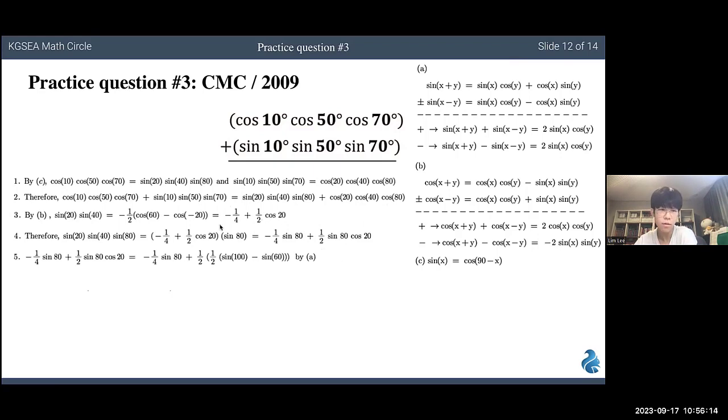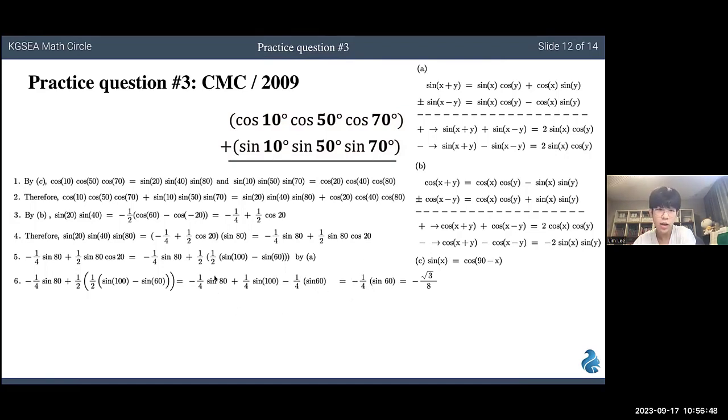The equation from step 4 can again be manipulated into another form by A, where we can see that sine 80 times cosine 20 is simplified into 1 over 2 times sine 100 minus sine 60. Then simplifying the step 5 equation even more, we can see that negative 1 over 4 sine 80 plus 1 over 4 sine 100 minus 1 over 4 sine 60 is equal to negative 1 over 4 sine 60.